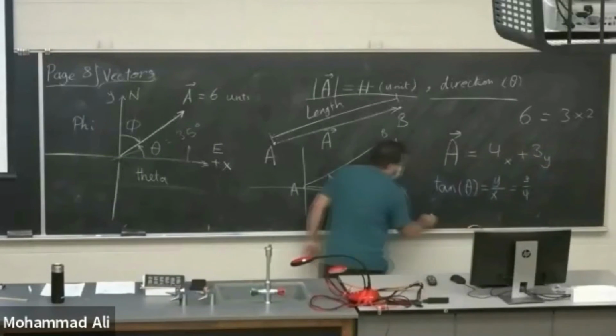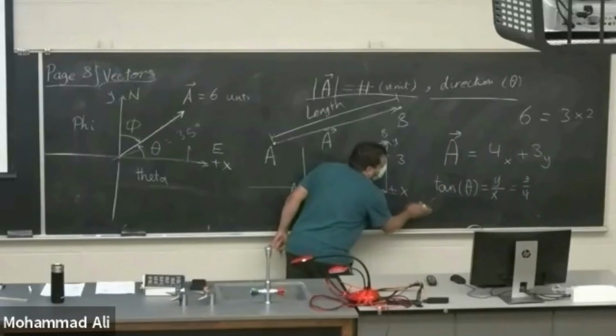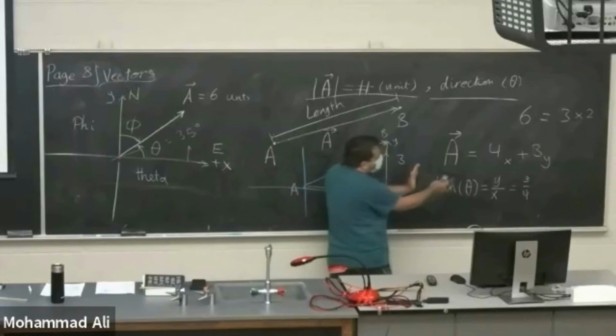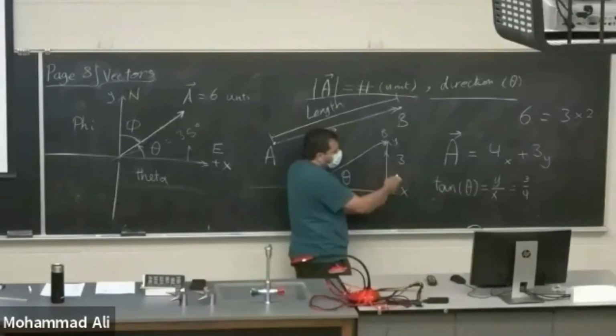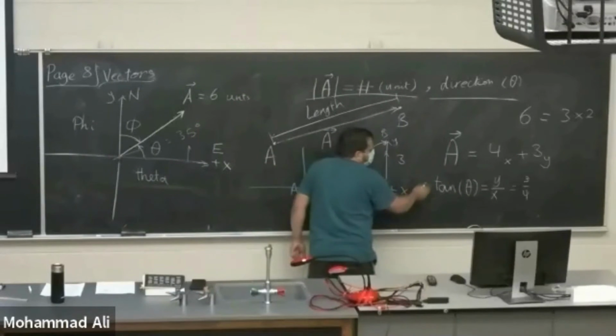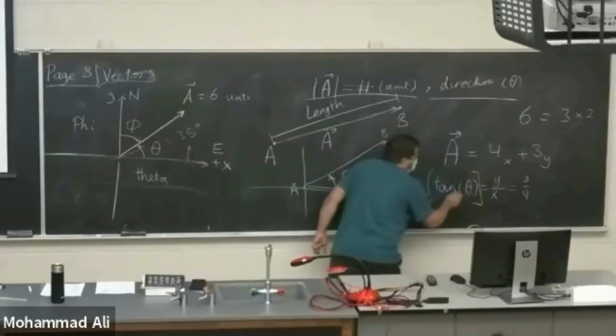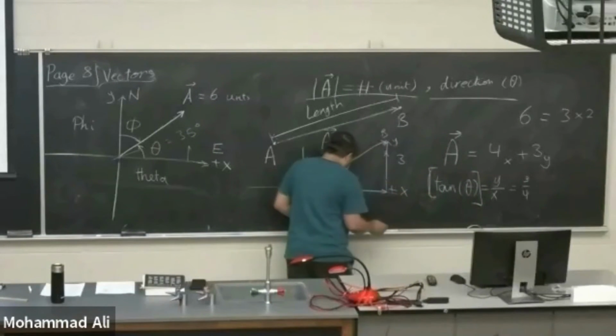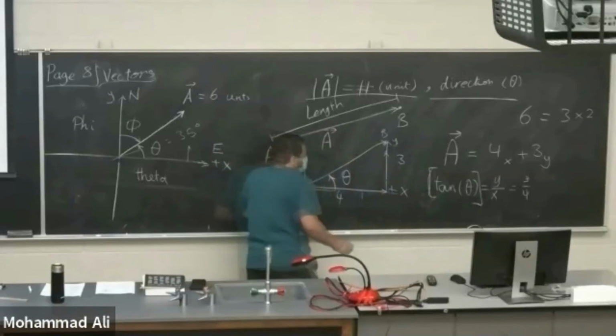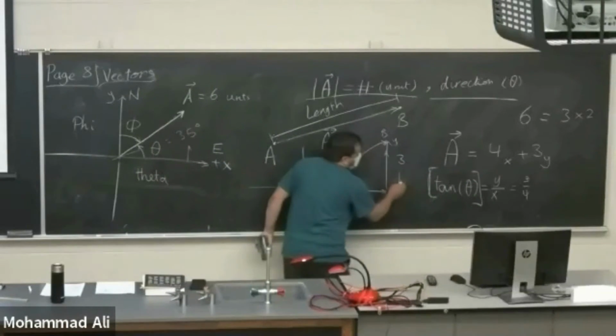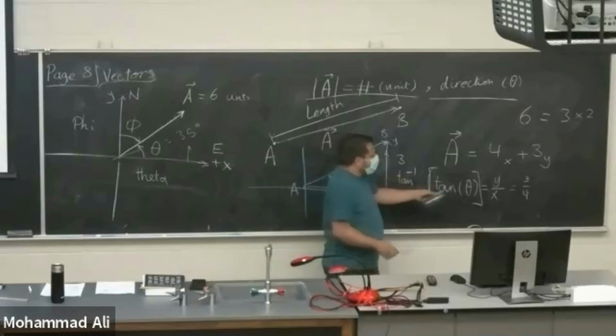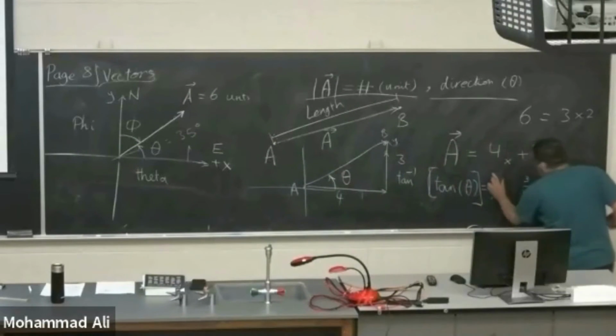So we need to use tan inverse to get theta. What is theta? If you take tan inverse for both sides, tan inverse of tan, and also take tan inverse for this.